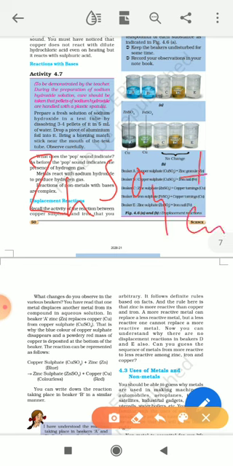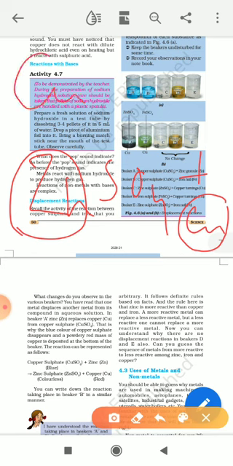As I told you, zinc is more reactive than copper, so copper is not able to displace zinc. But in the case of CuSO4 plus zinc, zinc is able to displace copper. Some elements are less reactive but some are more reactive.